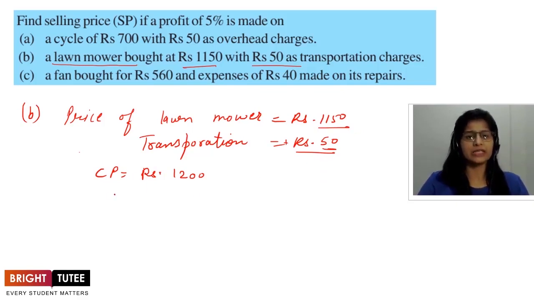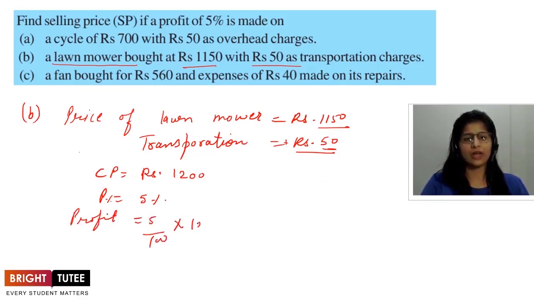So this is the cost price, and profit we know is 5%. Okay, profit percentage is given to us. So how to calculate profit? It is 5% of 1200, of the cost price. So we get it as 12 5s are 60. So 60 rupees profit we have got on it. Now how to find out selling price?